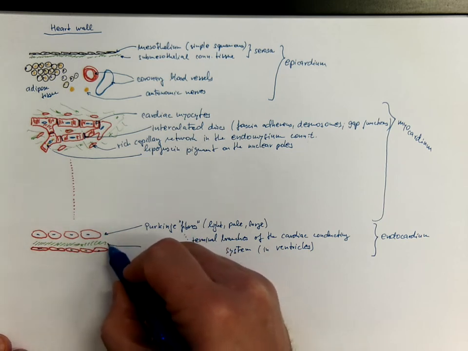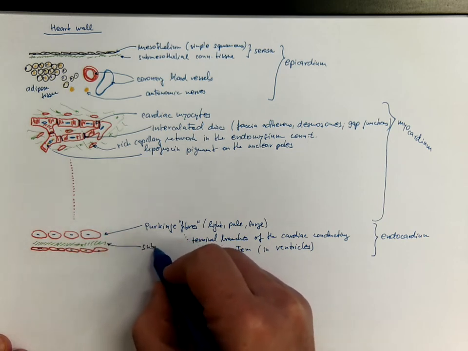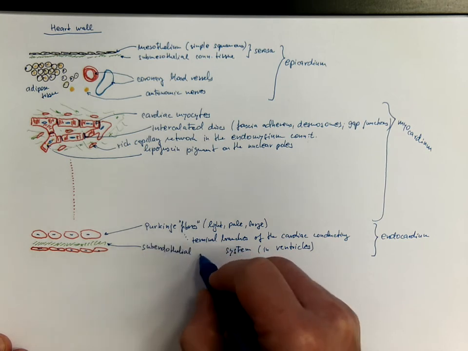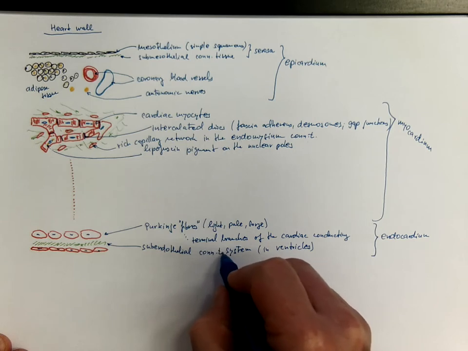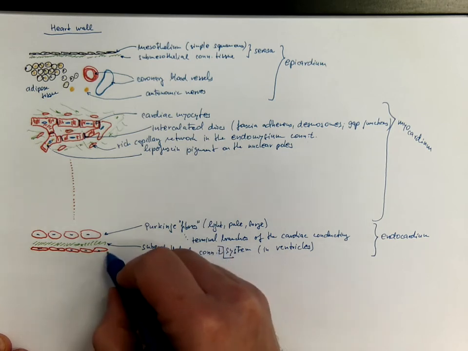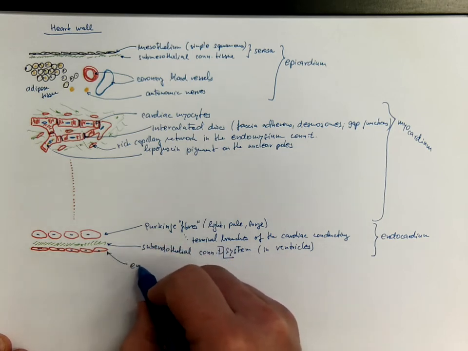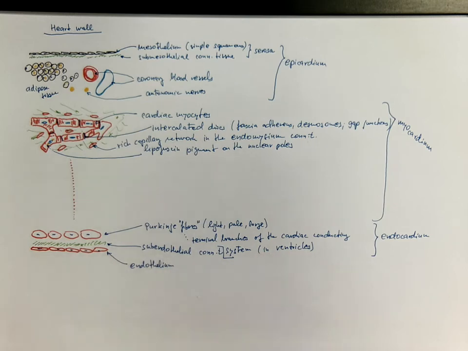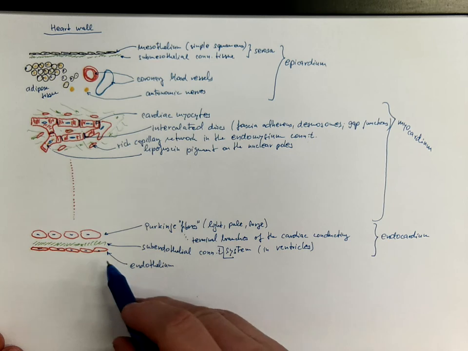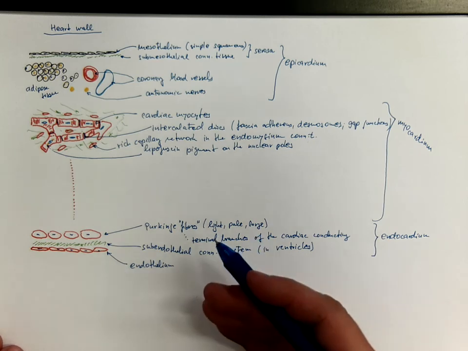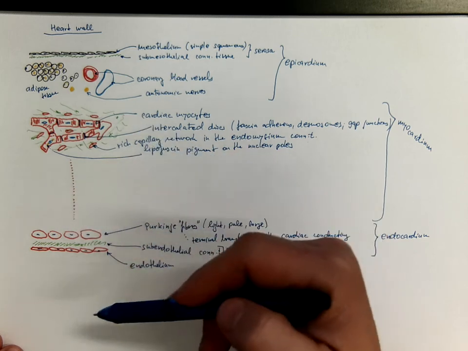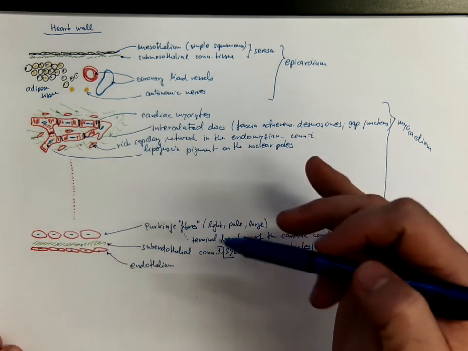So this is subendothelial connective tissue, and this would be endothelium. So that's the endocardium.